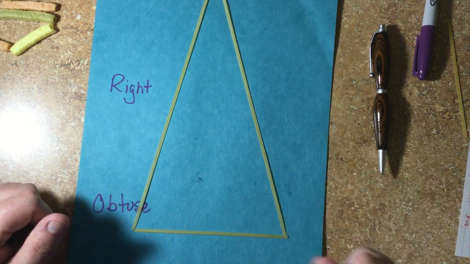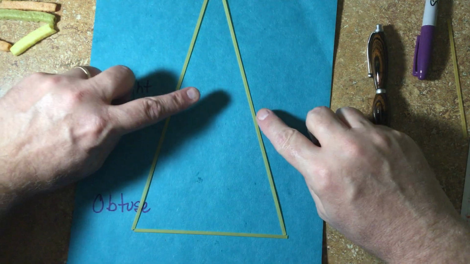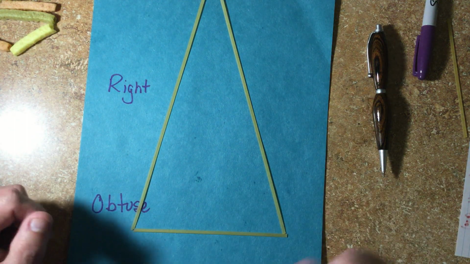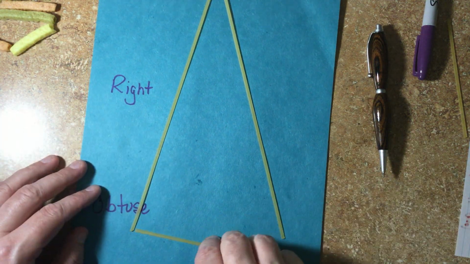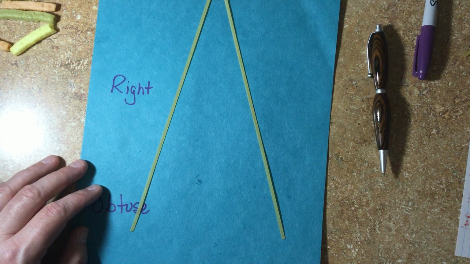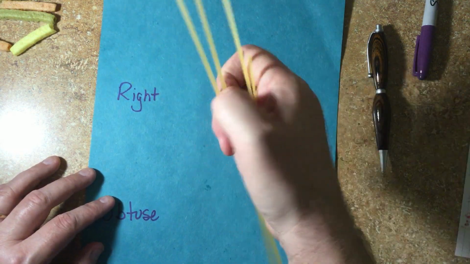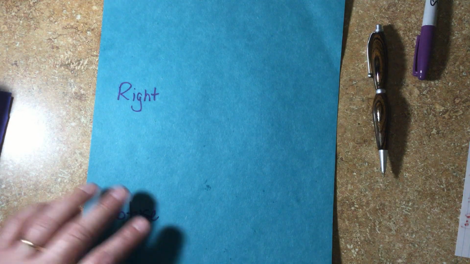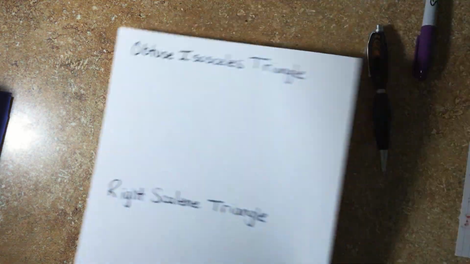So think about what triangle that is. I've got two equal sides and one that's different. Again, using food is a great idea. So now I'm going to set those aside, and we are going to get to what we're actually doing today.